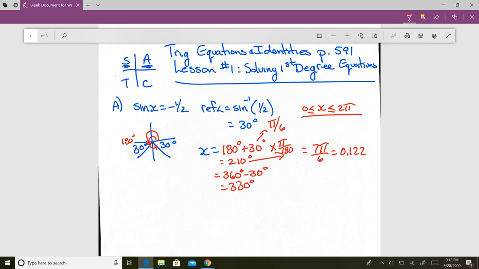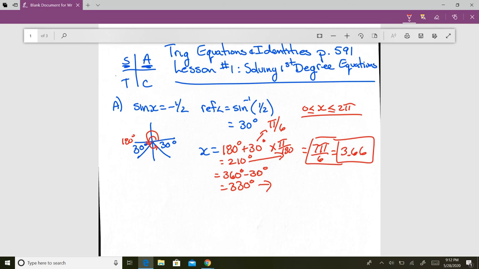Because it's not 7 times pi, it's 7 times pi over 6. Sorry, people. Sorry, it's 210 times pi divided by 180. 3.66. That's it. Sorry about that. So that would be 3.66 radians. Those are the same answer.